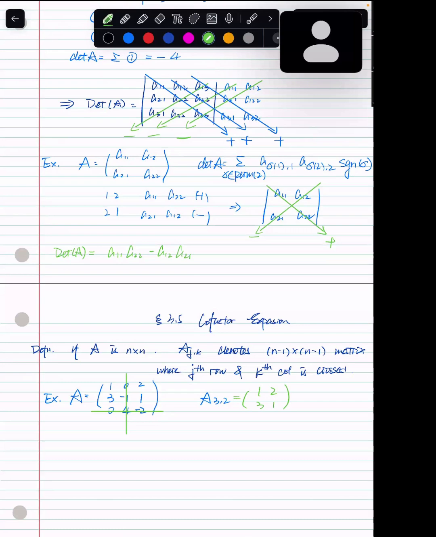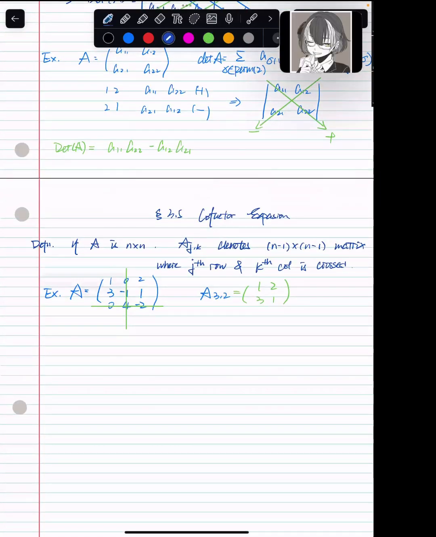This is AJK. And the cofactor means there is a corresponding cofactor for this matrix.